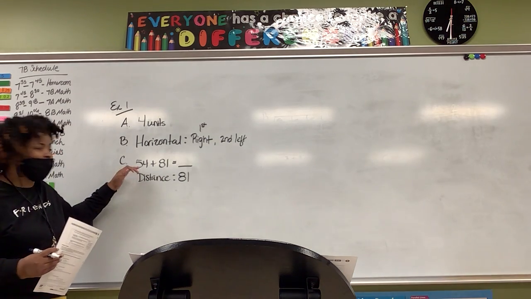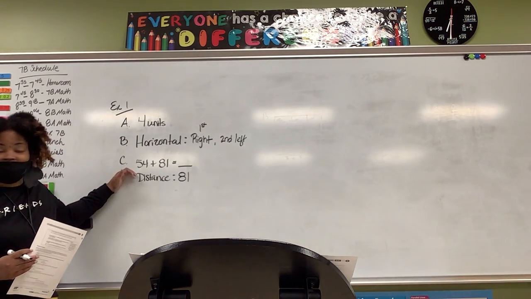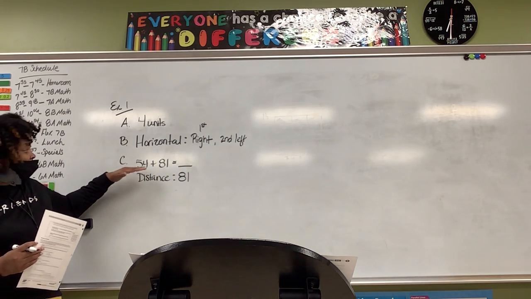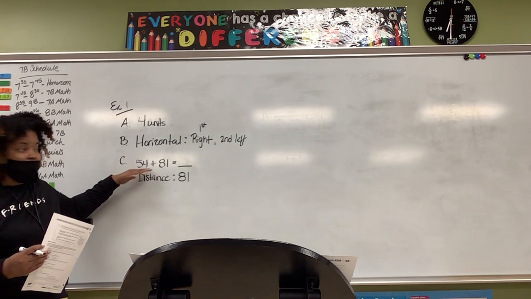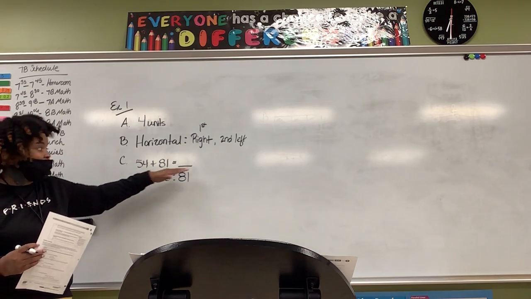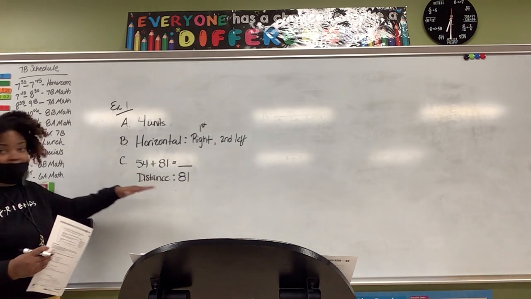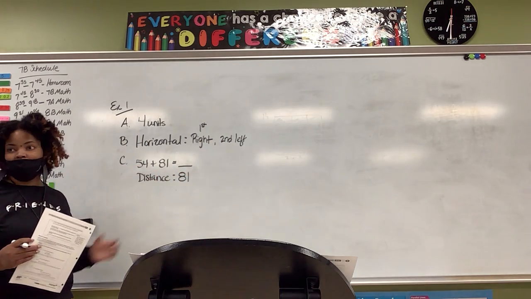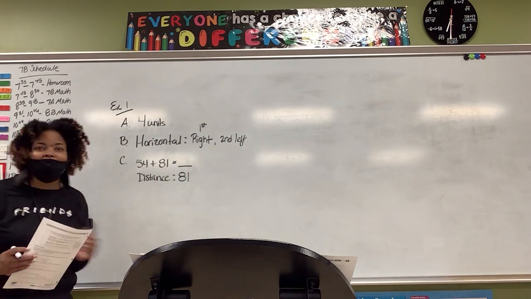It's right here. They want to know the distance. 54 plus this distance will give us this. They said, what is the distance between 54 and the answer? 81. It's not a trick question.